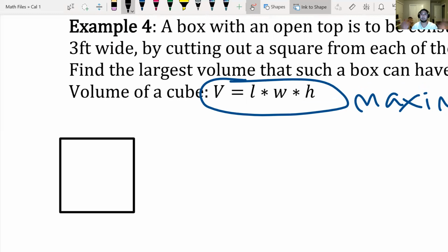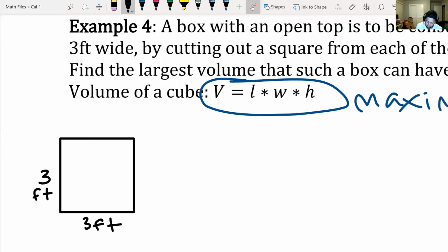Okay, cool. So we know that my box is 3 feet by 3 feet.